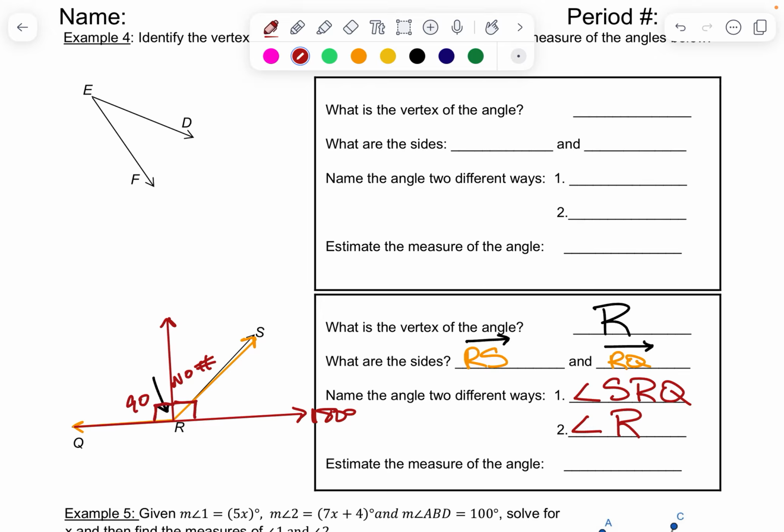So if this straight line is 180 and this angle is somewhere over 90, if I look, it's really close to halfway. So that would be 90 plus another 45, and so that would give me about a 135 degree angle.